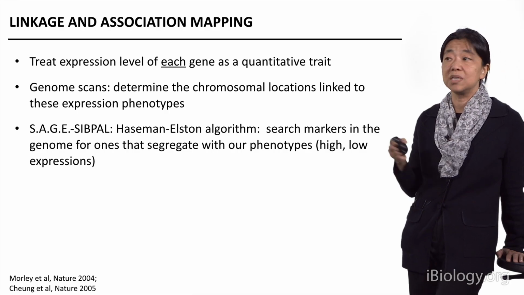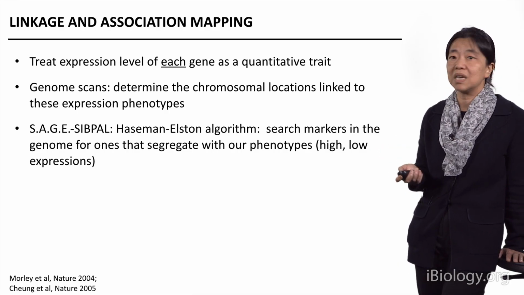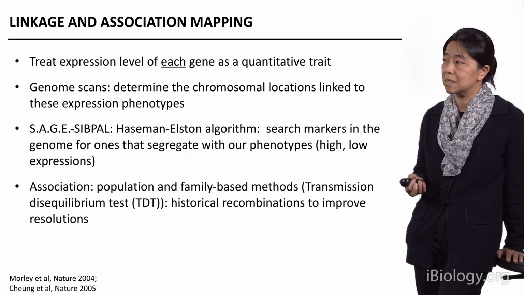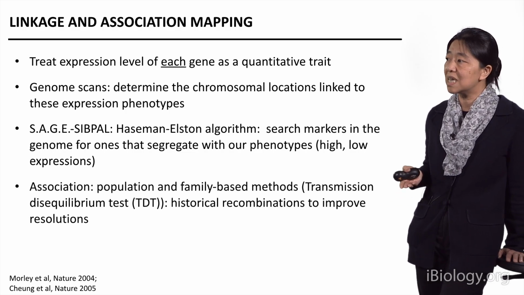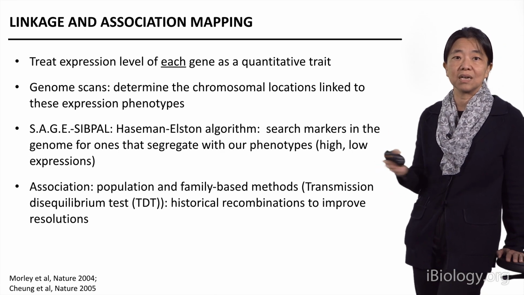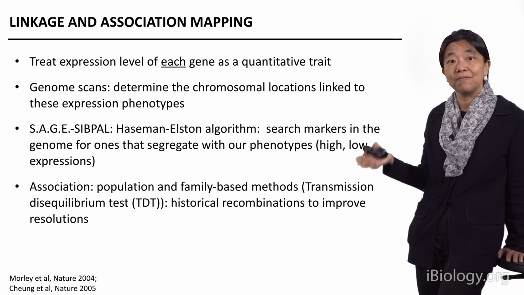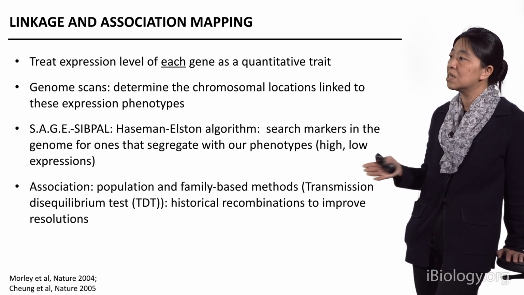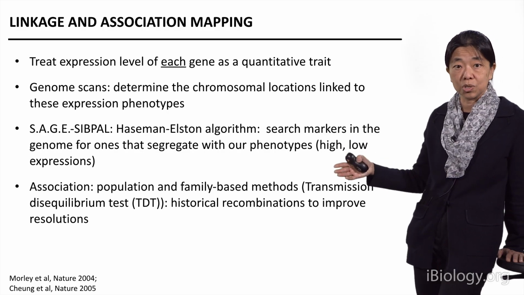In order for us to narrow those regions, we carry out another type of analysis called association analysis. This method, instead of just taking advantage of recombinations or segregations of chromosomal regions in families, takes care of all the historical recombination, so we get much better resolution.